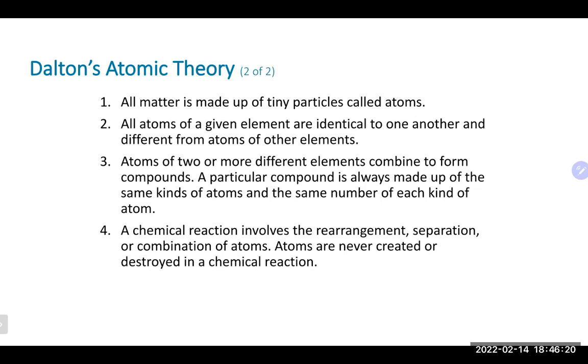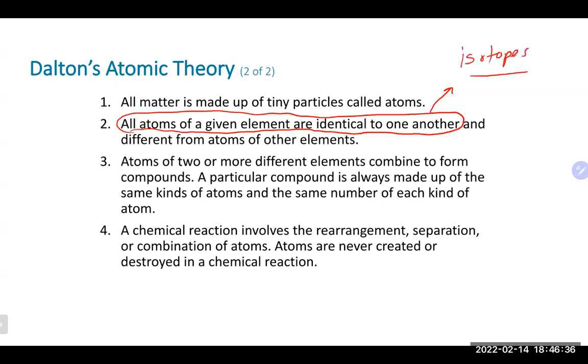This part here, that all atoms of a given element are identical to one another, was later proved not so correct, with the existence of, as we'll talk about also in this chapter, what are known as isotopes. And isotopes are really the same element, but they have different mass.